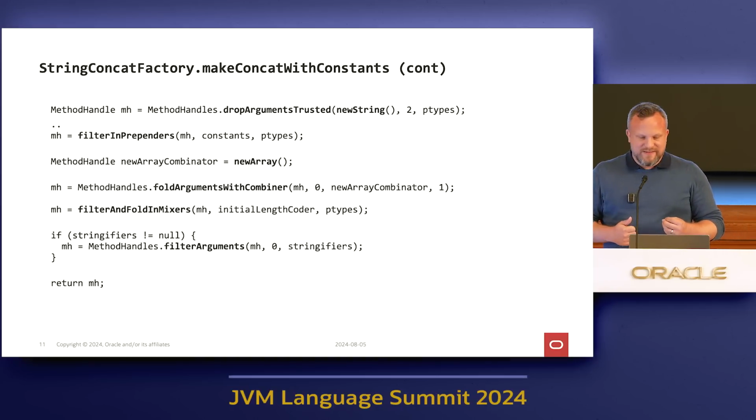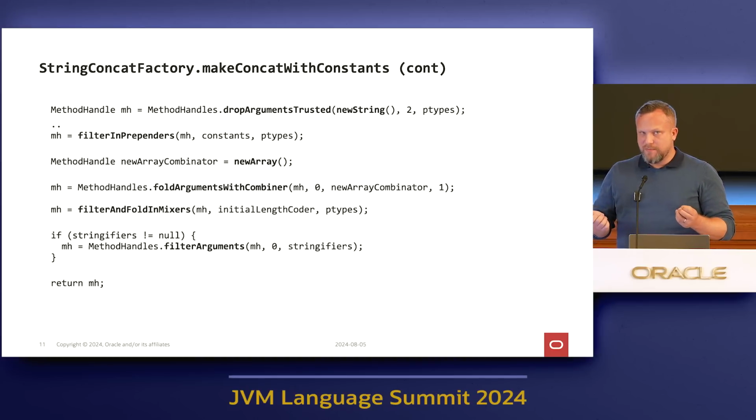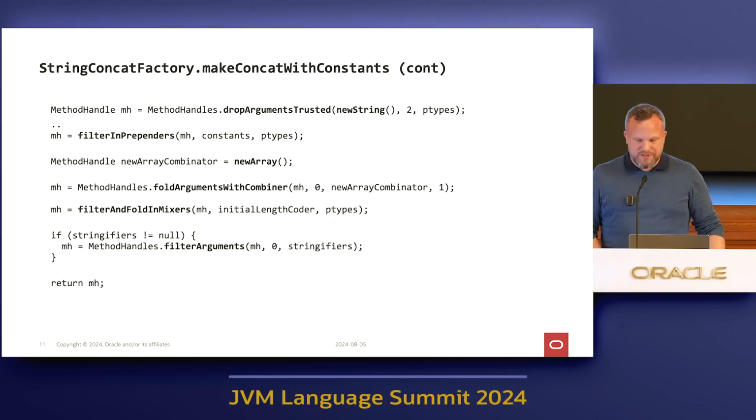The code to produce method handles usually becomes a little bit hard to read, since what you invoke is the last thing you create, it kind of inverts the control flow based on our natural understanding of program flow.